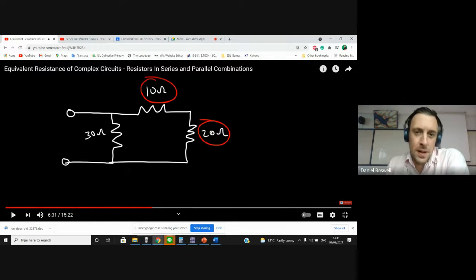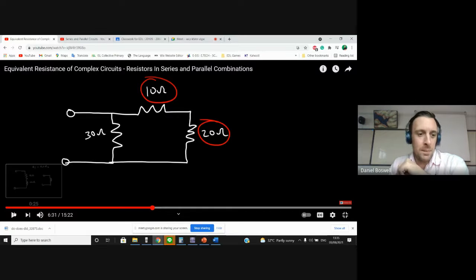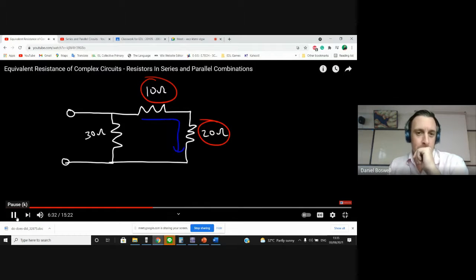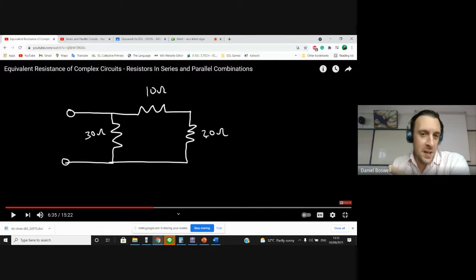These two are in series because there's only one path for current to flow, this way and this way. So if these are in series, we just add 10 plus 20, which is 30 ohms, yeah? And that'll leave us in parallel, like this, with the other 30 ohms.